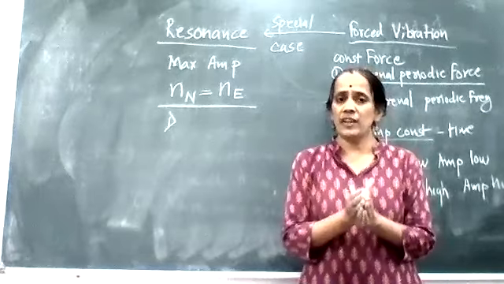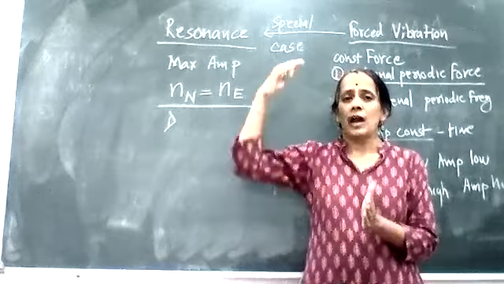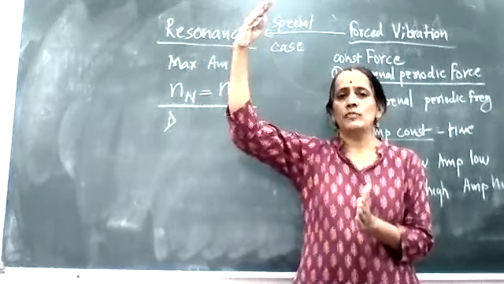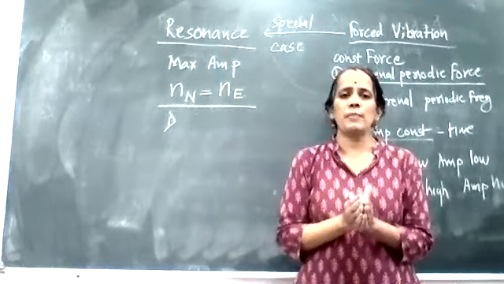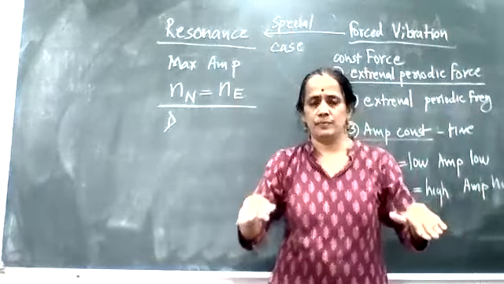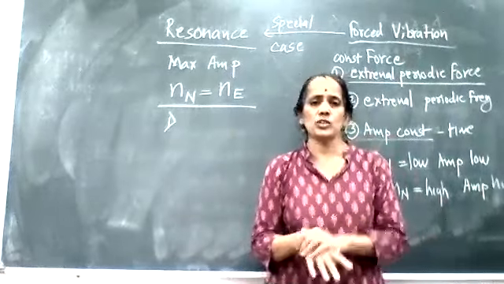If the clapping frequency matches the natural frequency of the asbestos sheets above the auditorium, then the roof of that auditorium may fall down. That is also an example of the disadvantages of resonance.